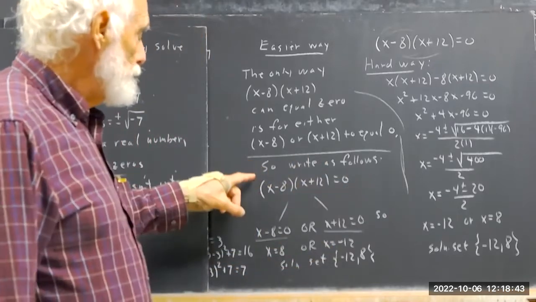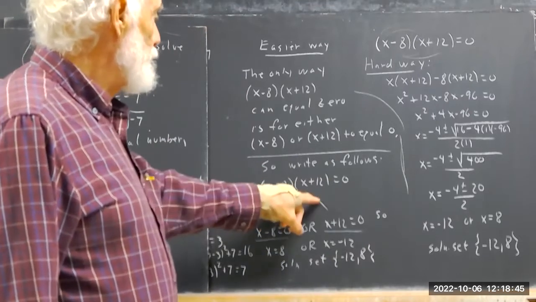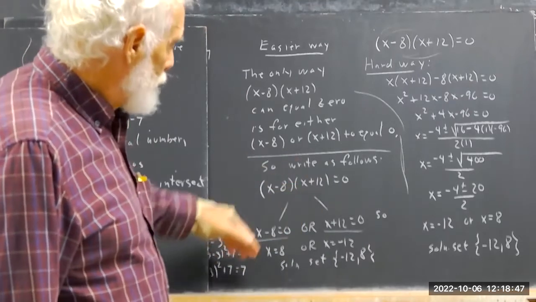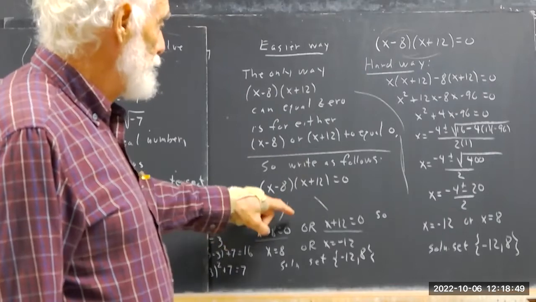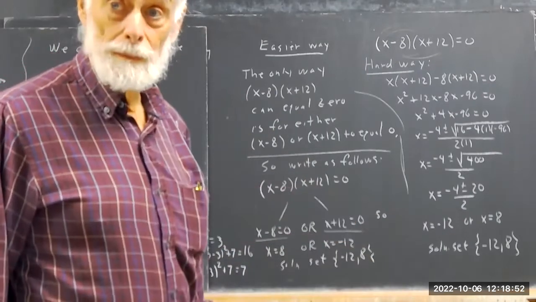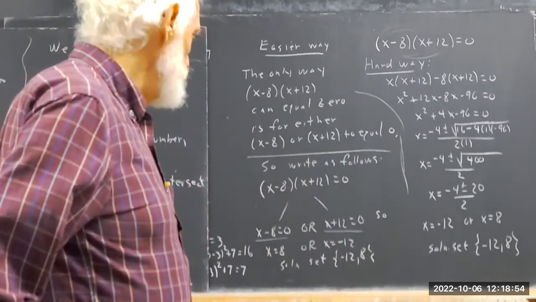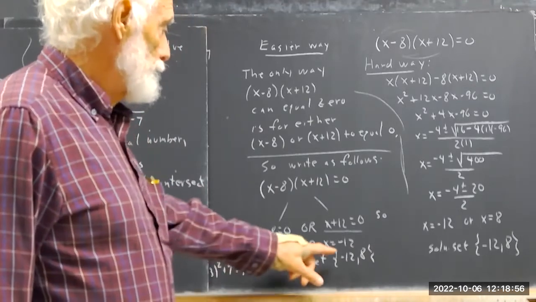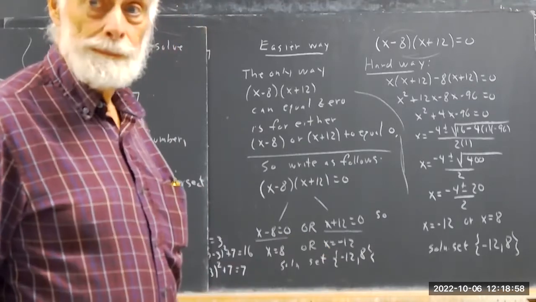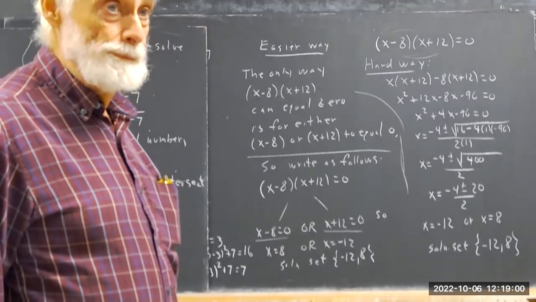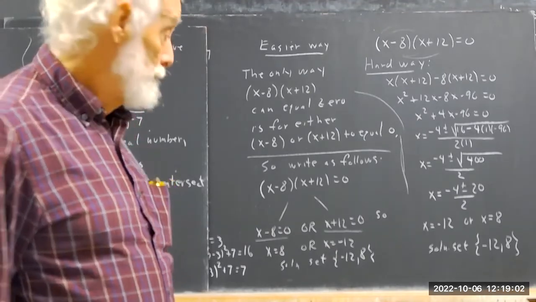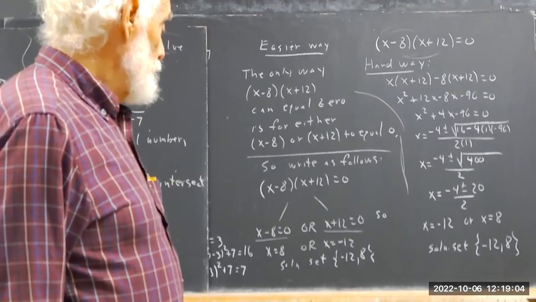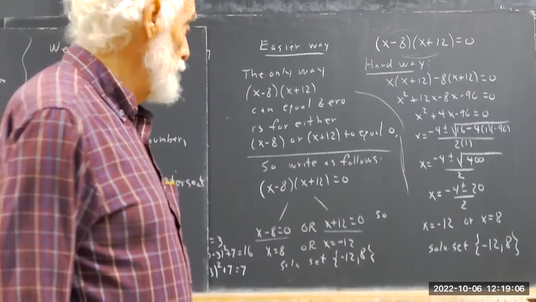So we could write this equation and break it down into two equations: x minus 8 is 0, x plus 12 is 0. And we find that x is 8 or x is negative 12. Make sense? So our solution set is negative 12, 8.